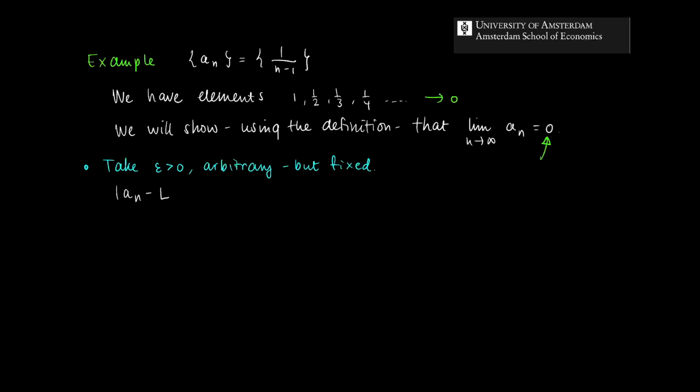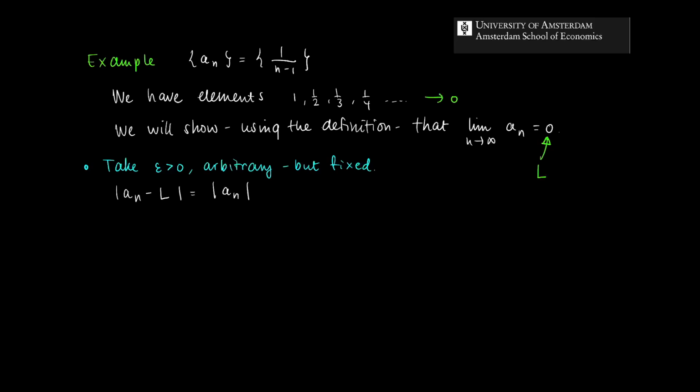Well, L is supposed to be the 0 here, so that should be L. We suspect that this is the limit, and we have to show that a_n minus L, which is just a_n, if we put absolute value signs around it, then we get the absolute value of a_n, by picking n large enough that this term, a_n in absolute value, is smaller or equal than epsilon.